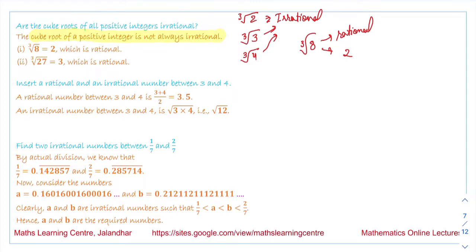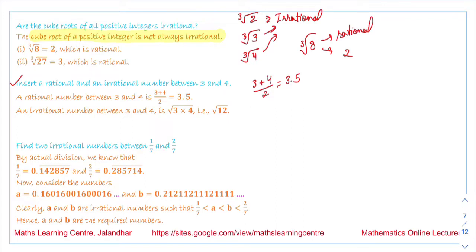Next question we have is, insert a rational and an irrational number between 3 and 4. To insert the rational number, the formula is (3 plus 4) by 2. The answer is 3.5.